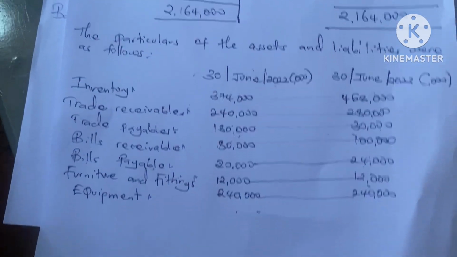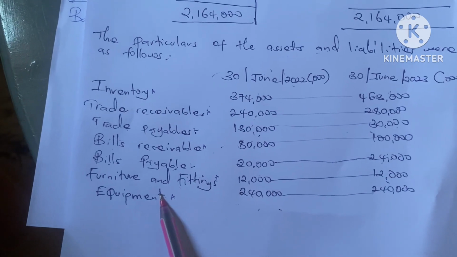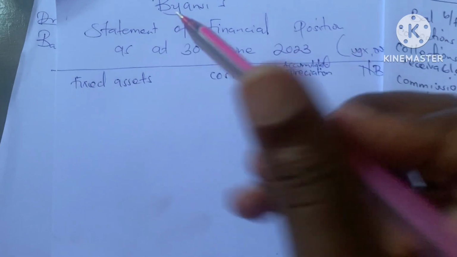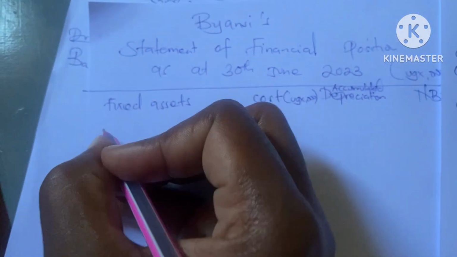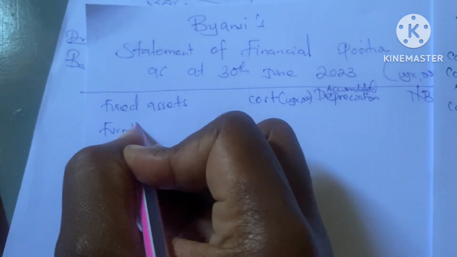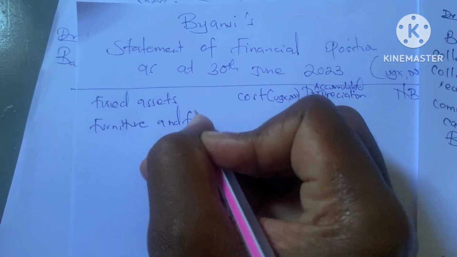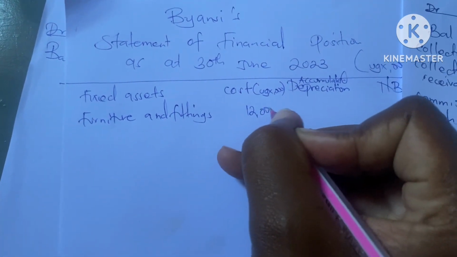So we start with the fixed assets. We only had 2 fixed assets, this and that. So the cost, these were the costs. We have furniture and fittings, which is 12,000.